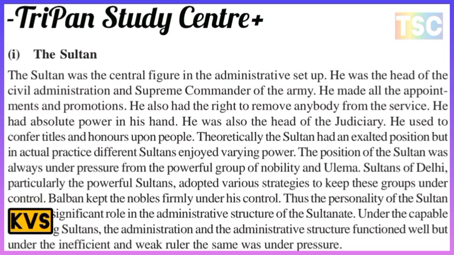The position of the Sultan was under pressure from the powerful groups of the nobility and the Ulema. Powerful Sultans of Delhi adopted various strategies to keep these groups under control. Balban kept the nobles firmly under his control. Thus, the personality of the Sultan played a significant role in the administrative structure of the Sultanate.